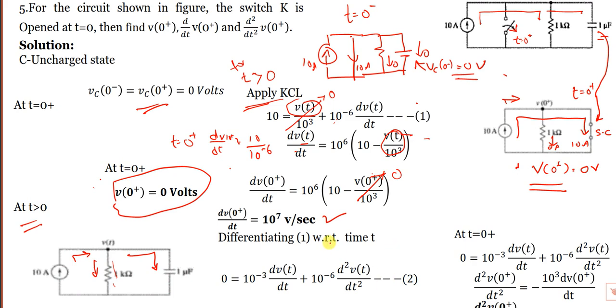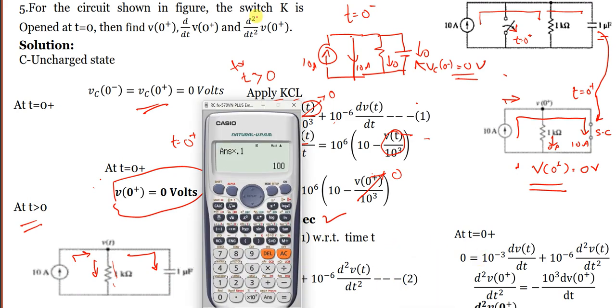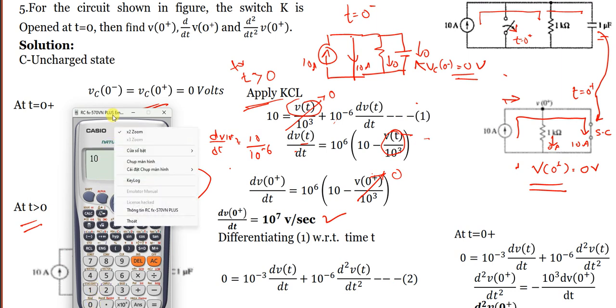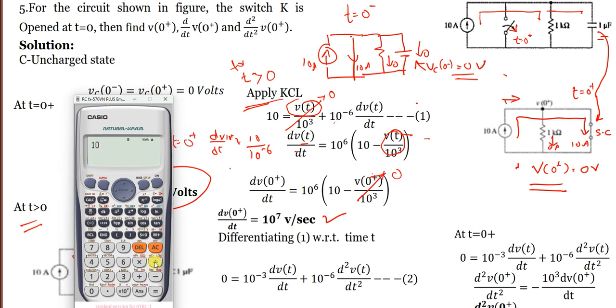If you have any confusion, you can use the calculator. I'll show you. Don't make mistakes in a hurry. You can do it like this: 10 divided by 10 power minus 6.